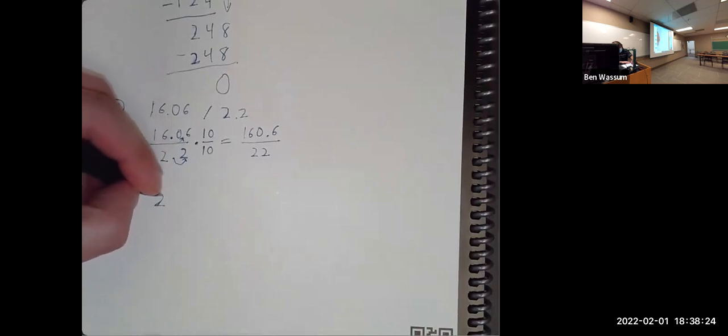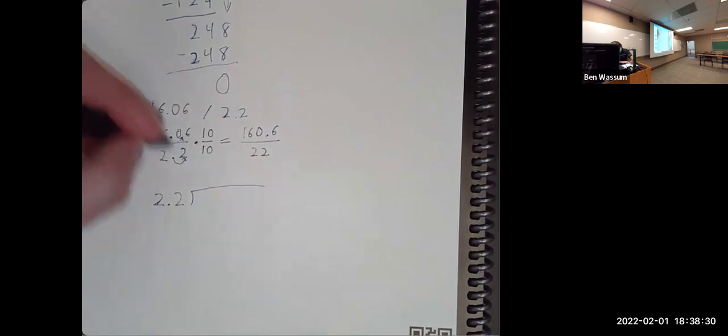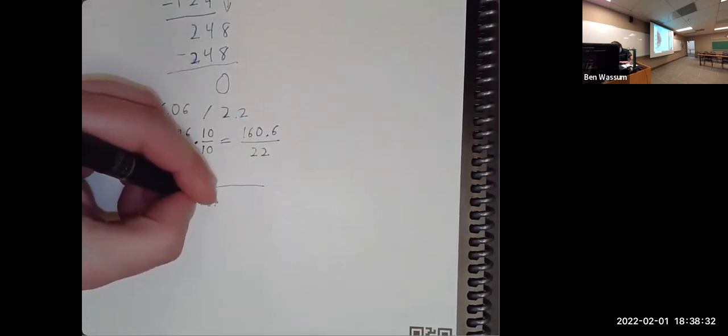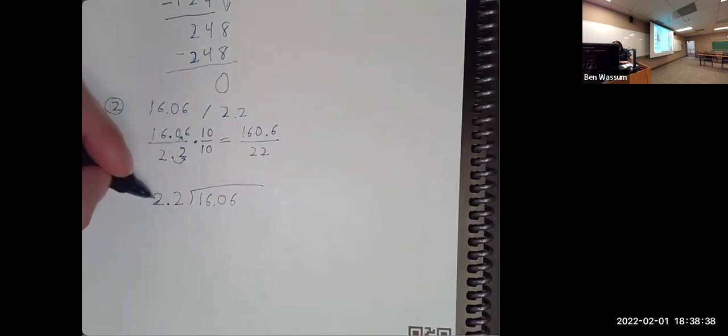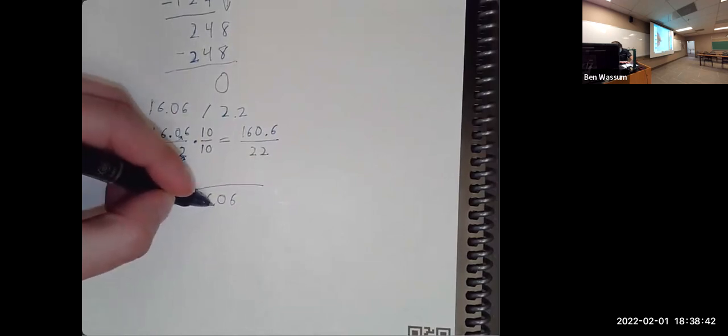So we have, ignoring that I just did anything at all, we have 2.2 going into 16.06. And we know that in long division, our divisor, this guy out here, has to be an integer.